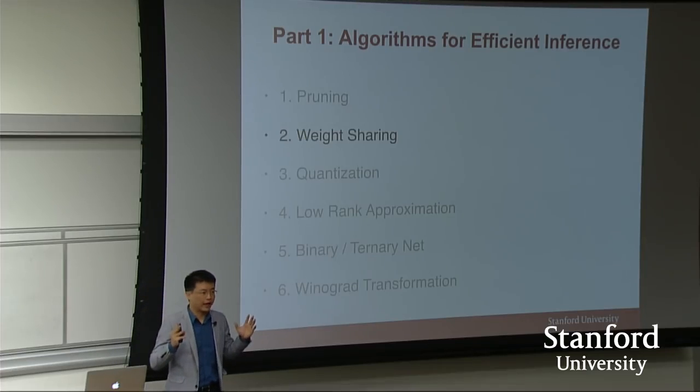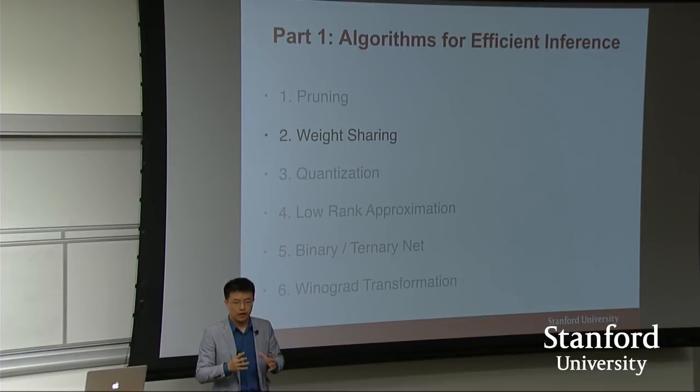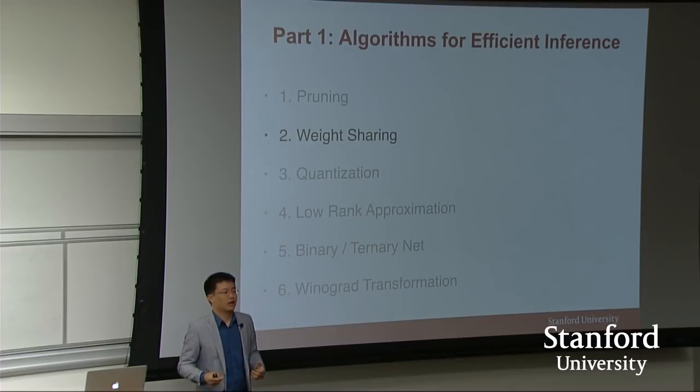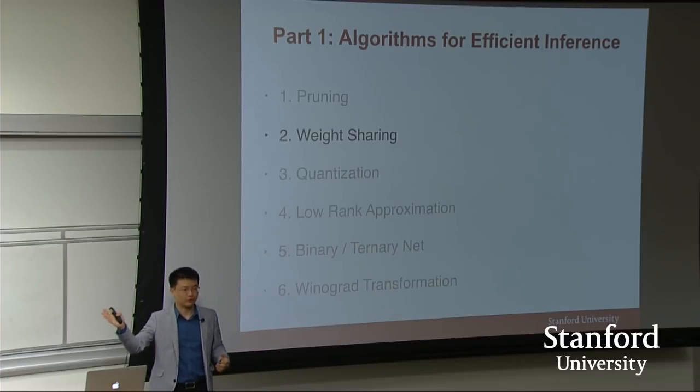So the next idea, weight sharing. Remember our end goal is to remove connections so that we can have less memory footprint, so that we can have more energy efficient deployment, right? Now we have fewer parameters by pruning. What we want is fewer bits per parameter. So they multiply together, and we get a small model.